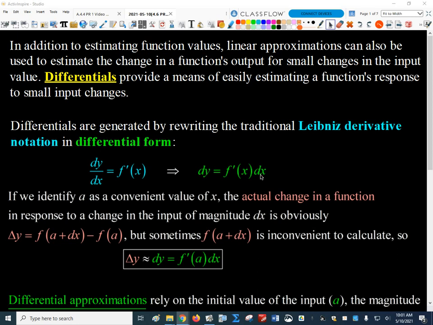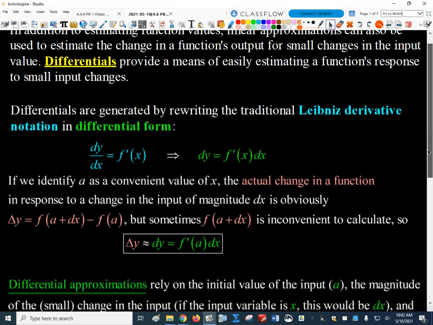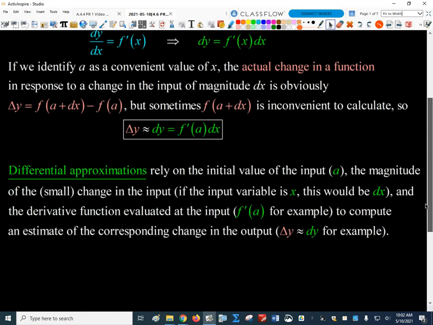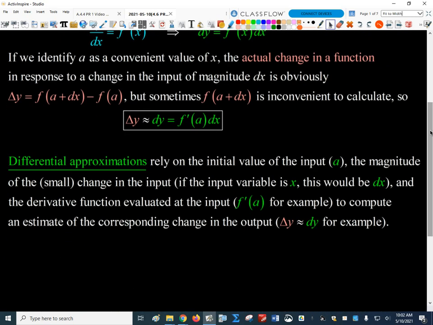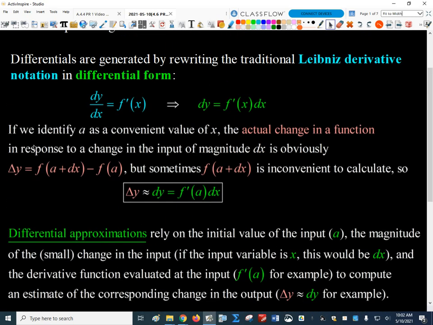That one simple notational difference really lends itself to applications. So when we're making a differential approximation, let's look at this example down here. If we identify a as a convenient value of x, the actual change in the function is sometimes difficult to calculate when we move slightly from our convenient value of x.